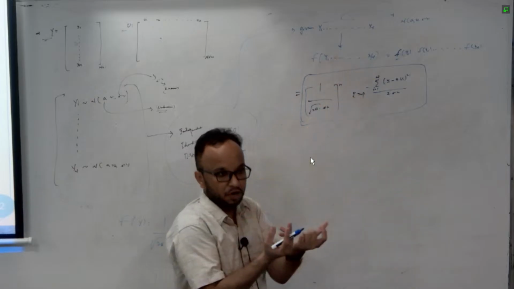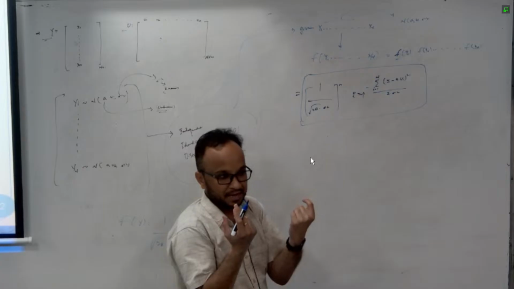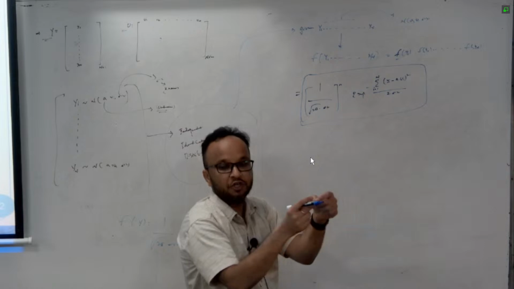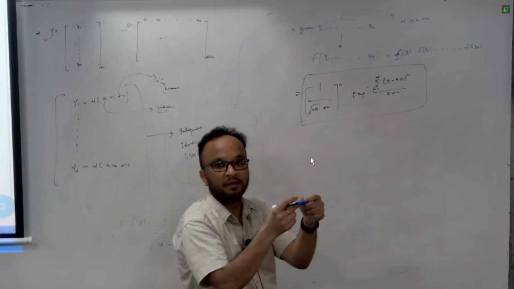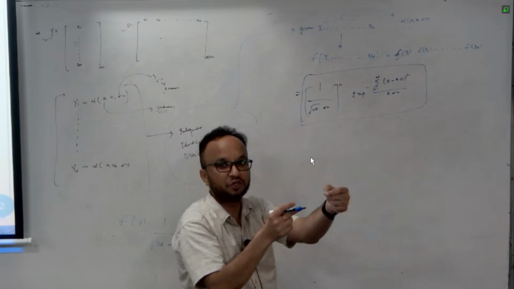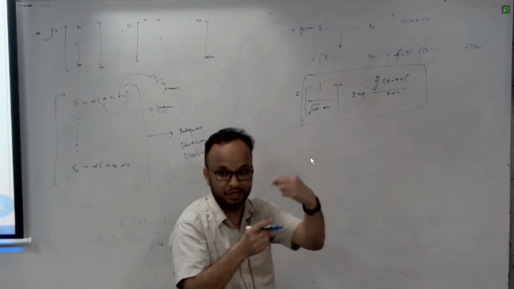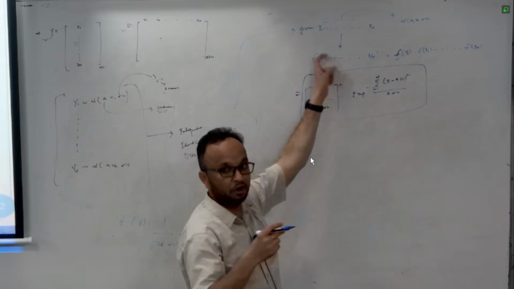I have a model and I'm predicting some samples. I'm saying that these samples are coming from this density function. So then what should the probability be? Probability of the sample belonging to this density function should be low or high? It should be very high, because you are saying that these samples are belonging to this density function.